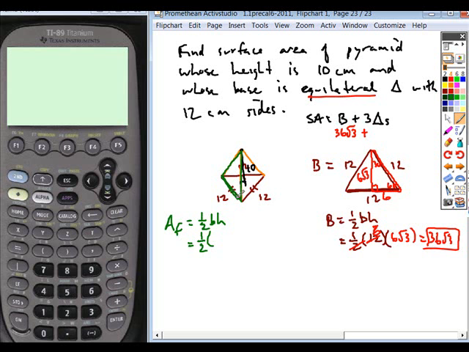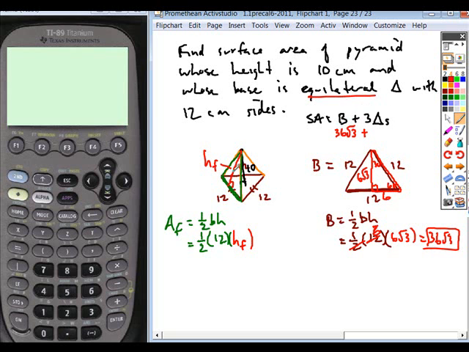So our base is also 12. But what we don't have is this corresponding height. I'm going to call this H sub F. It's the height of the face. So we don't know what H sub F is. If we did, we can find the area of each face, multiply it by 3, and add it to the base area to get our total surface area.